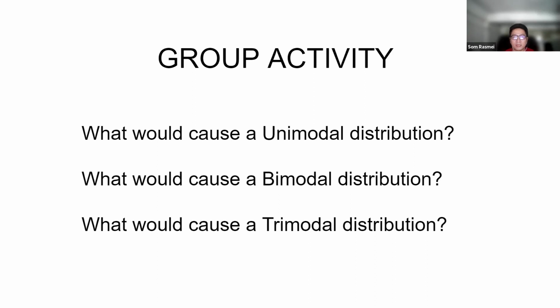Another one is the bimodal distribution. It is related to two kinds of business, or two times when you have very high frequency. There are two examples. The first is for students: many students pass the exam, and there are also many students who fail the exam.